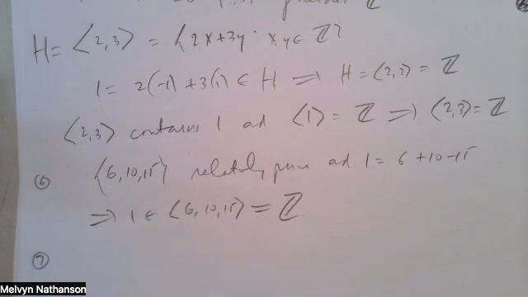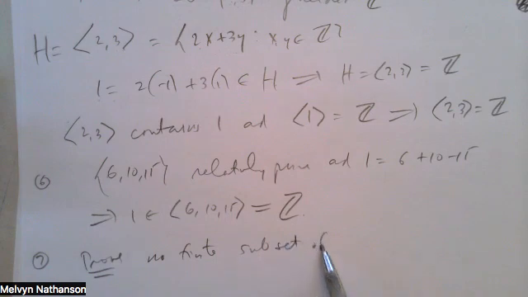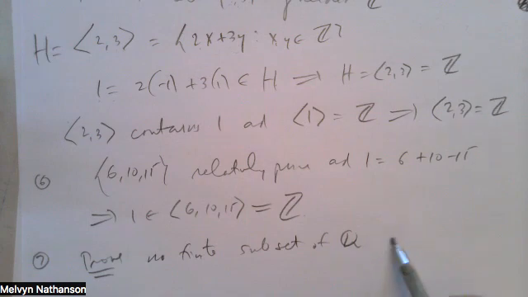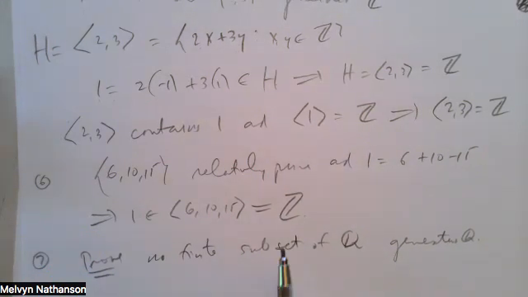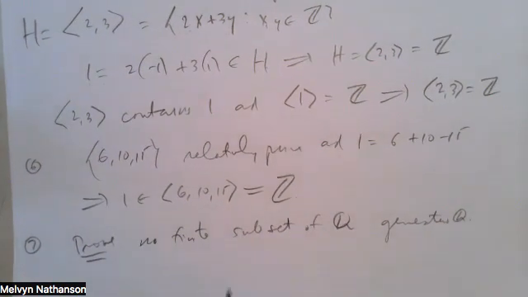Let's see, number 7 is to prove that no finite subset of the rational numbers Q generates Q. So this says if you take a finite set of fractions and you look at the subgroup they generate, that is all sums of multiples of those finite set of fractions, you'll never get every rational number.